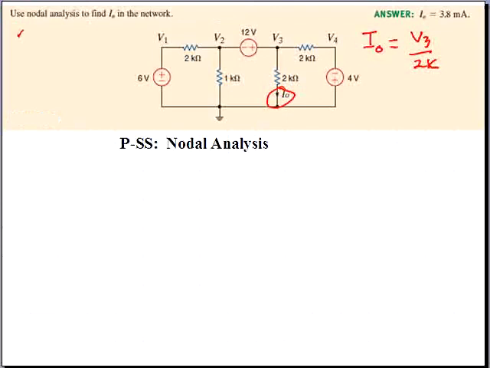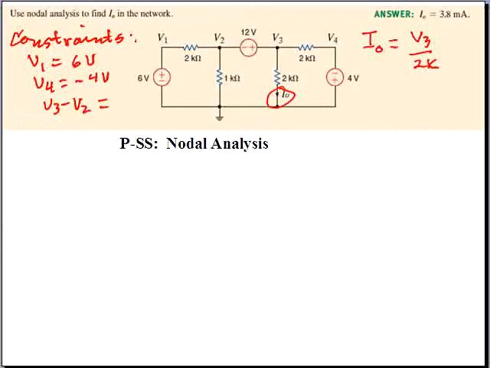We have constraints on those voltage sources, and that would be that V1 is equal to 6 volts, V4 is equal to minus 4 volts, and then we have a floating voltage source, V3 minus V2 is equal to 12 volts, and we can rewrite that as V2 is equal to V3 minus 12 volts.